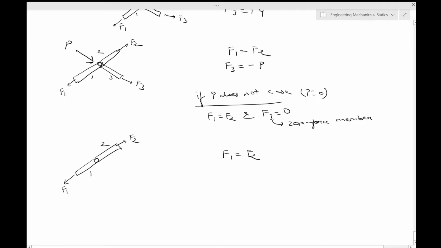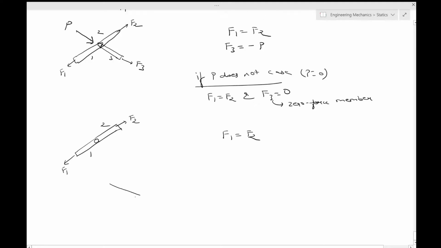Similarly, if you have two non-collinear members meeting at a joint, something like this, and there is no load, then F1 is 0 and F2 is equal to 0.